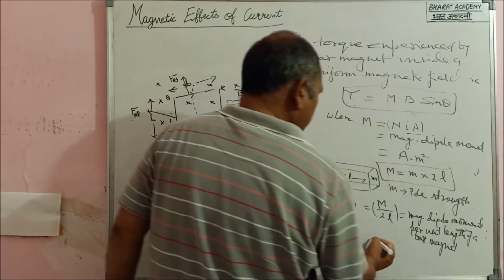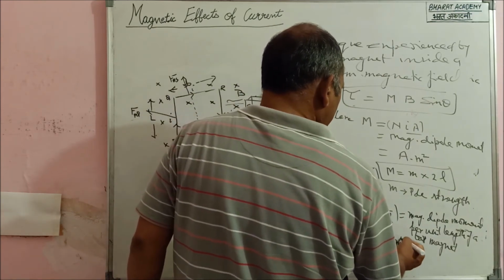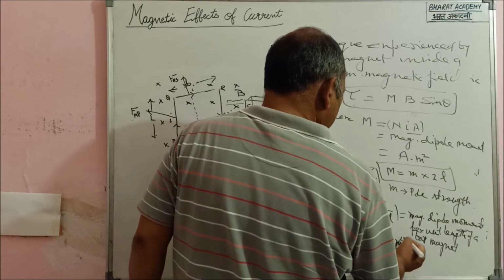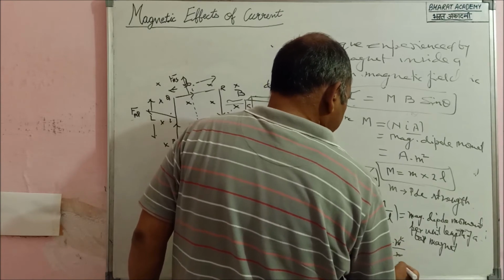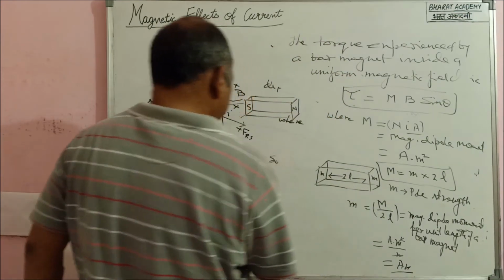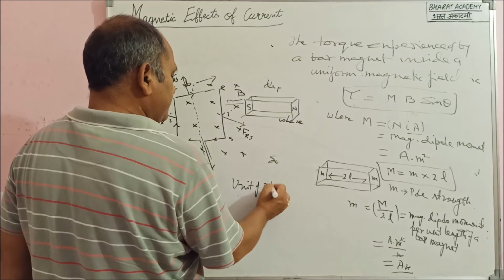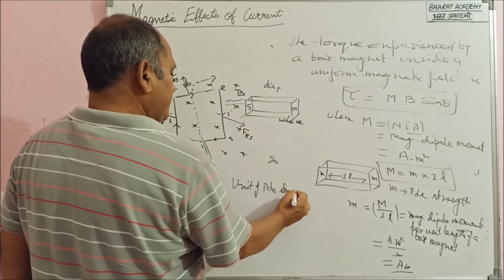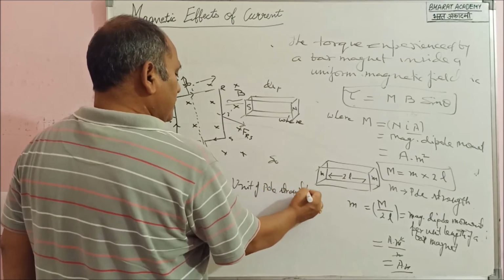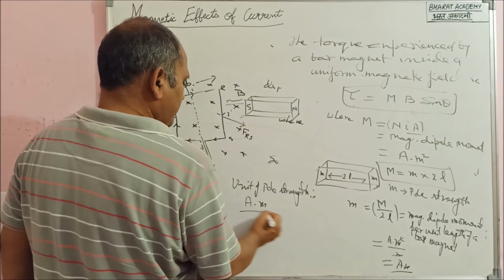And so far as unit is concerned, for M it is ampere into meter square, and L means meter, so we are left with ampere meter. The unit of pole strength is ampere meter, remember.